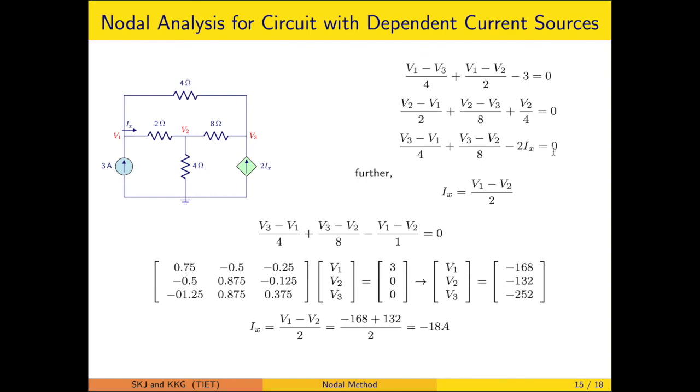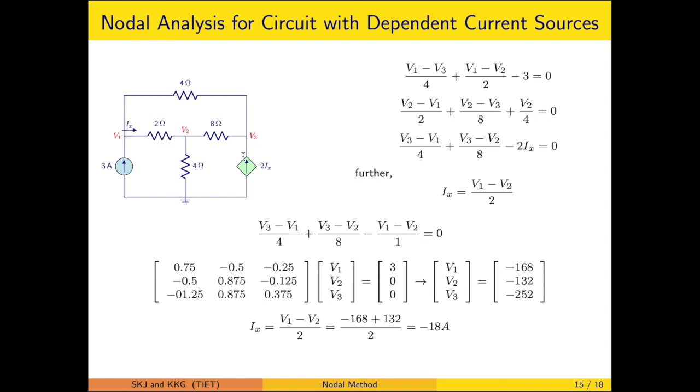Now the point to be noted here is that the G matrix, which earlier happened to be symmetric, is not a symmetric one here. This symmetry is lost because of this dependent current source.